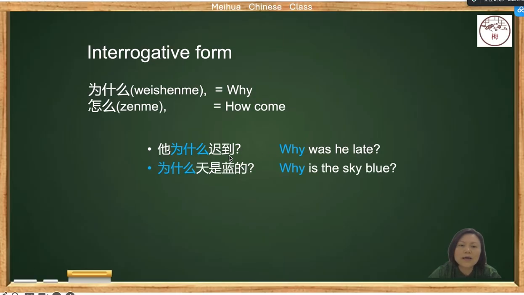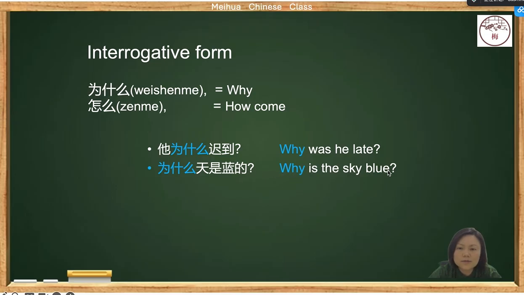Actually, we can put the interrogative pronoun 为什么 before or after the subject. Either is fine. 他为什么迟到? Or 为什么他迟到? 为什么天是蓝的?